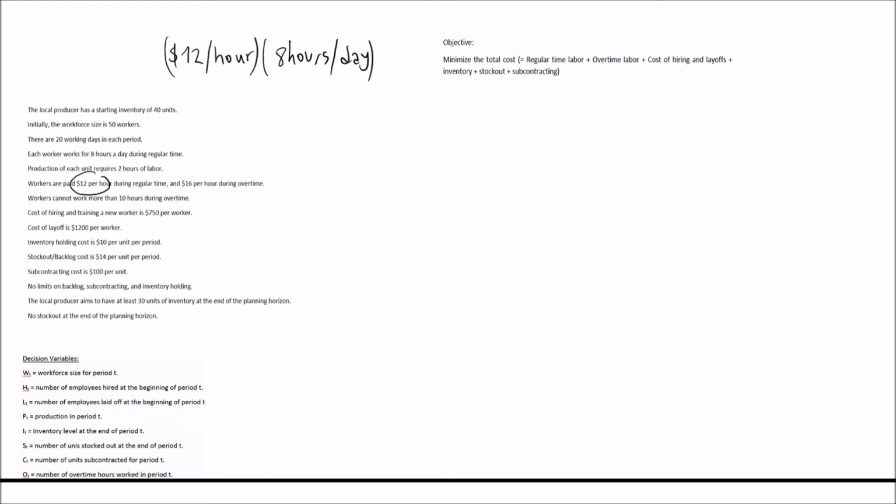And how many days in one period? We have 20 days per period. So this multiplication gives us 1920 per period per worker that we have to pay.